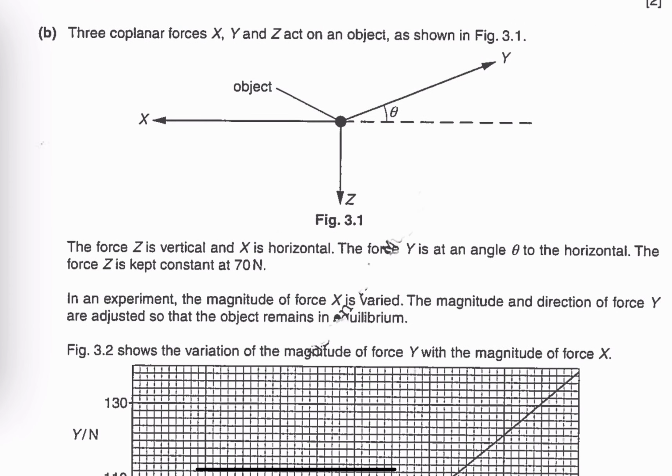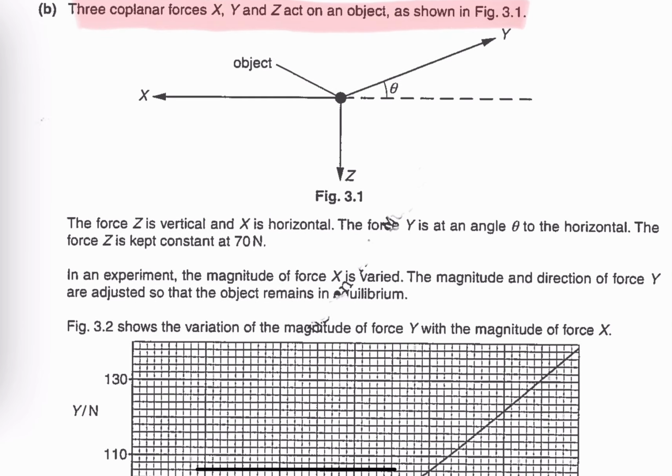In part B, 3 coplanar forces X, Y, Z act on the object as shown in the figure. Force Z is vertical, this is the Z force, and X is horizontal, this is the X force. The force Y is at an angle of theta. The force Z is kept constant at 70 Newtons.